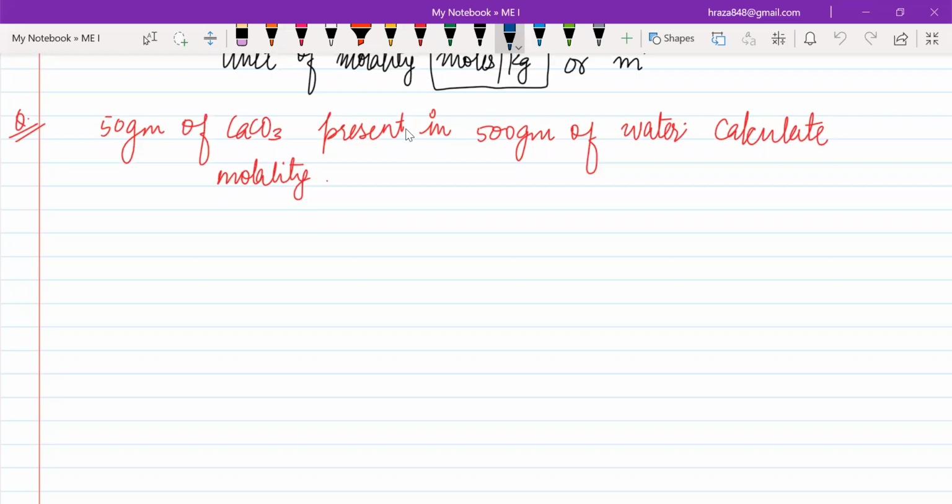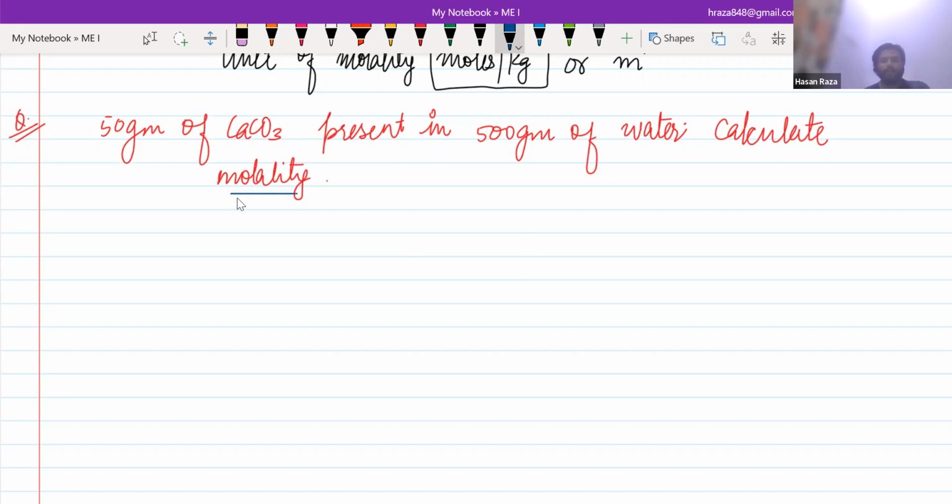The number of moles is 0.5, so molarity will be 1 mole per liter. We are calculating molality, so it will be mole per kg.